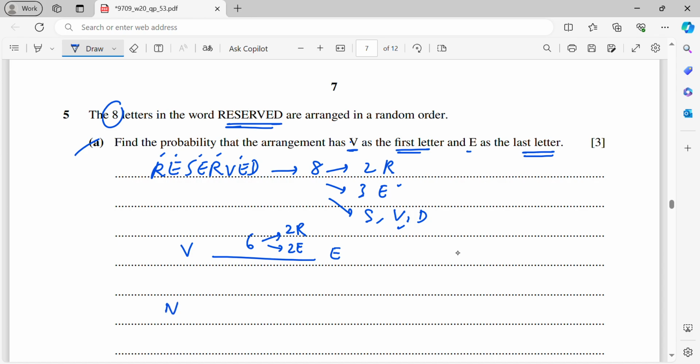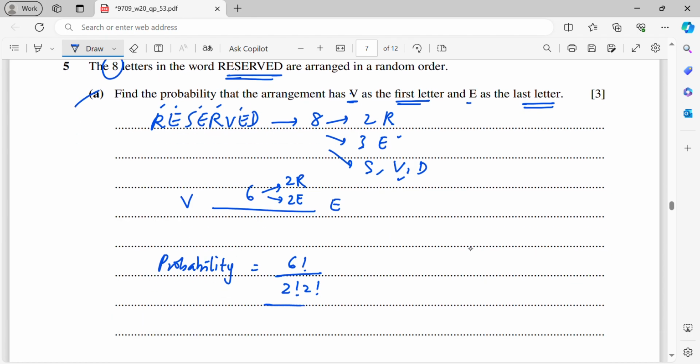So basically this is probability. For probability we need to divide by the total number of arrangements. When I need V as the first letter and E as the last letter, I have to arrange 6 other letters. So that is 6 factorial, but out of these 6 letters, there are 2 R's, so divide by 2 factorial. I will write 6 factorial over 2 factorial for the 2 R's and another 2 factorial for the E's.